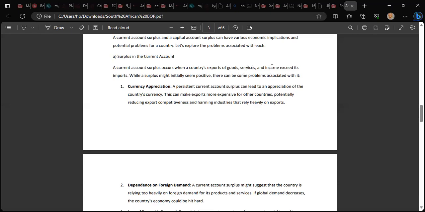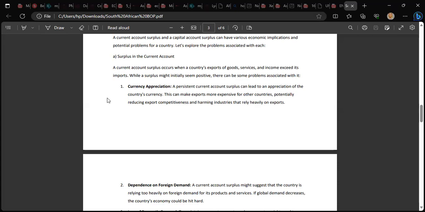And with incomes, when you're looking at dividends and interest, there can be an outflow more than an inflow. So whenever your exports, the credits that you're getting, are more than the debits on the imports, that's going to result in a surplus in your current account, right?